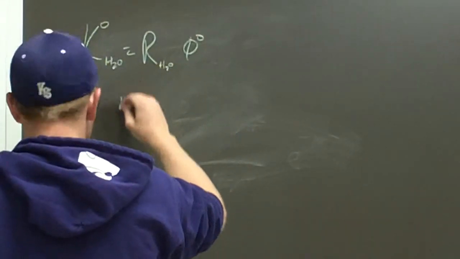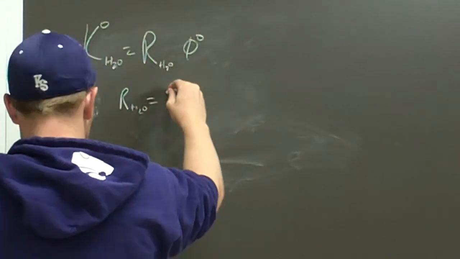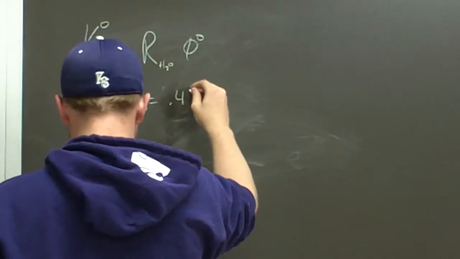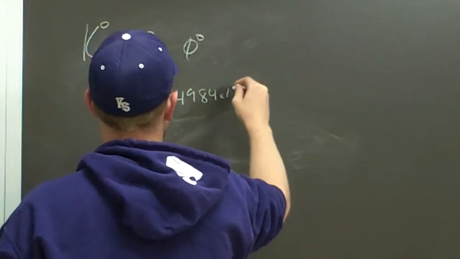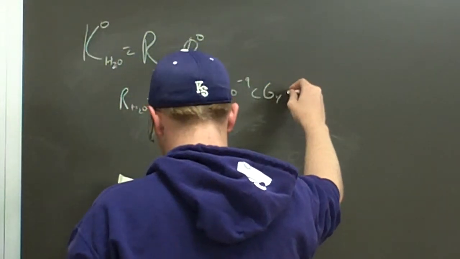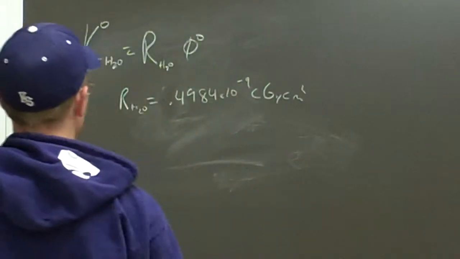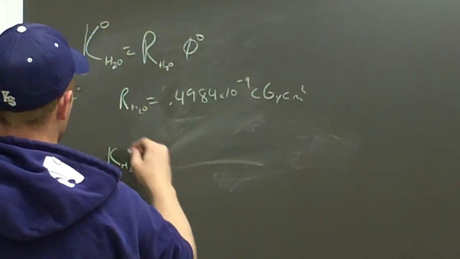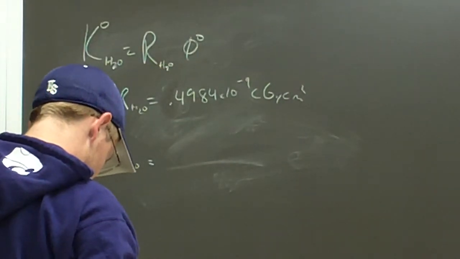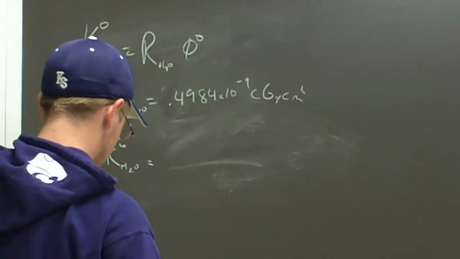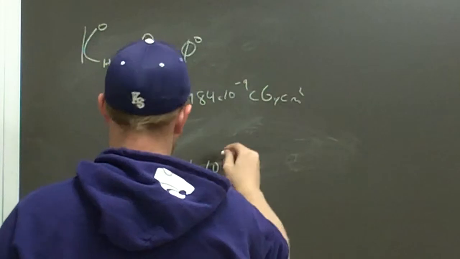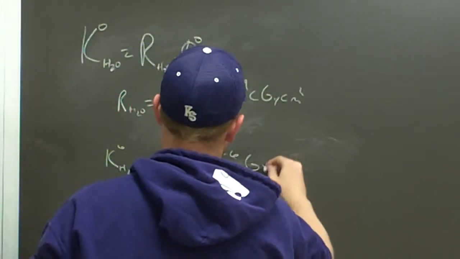From Shield Details, you get R is equal to 0.4984 times 10 to the negative 9 centigray centimeter squared. So you get that K of H2O uncollided is 3.4 times 10 to the negative 6 gray per second.